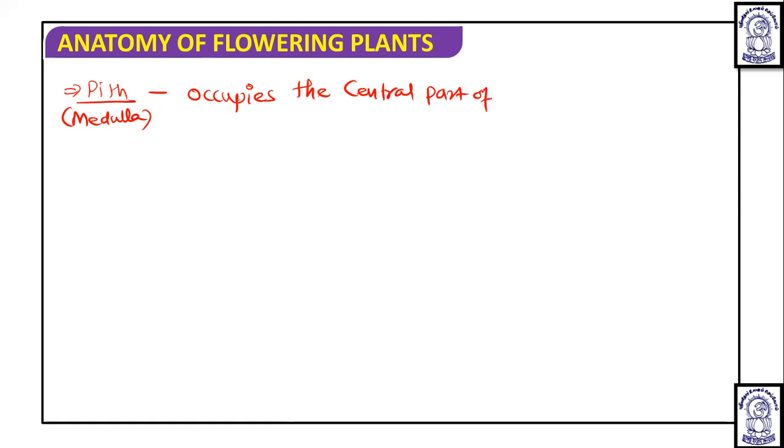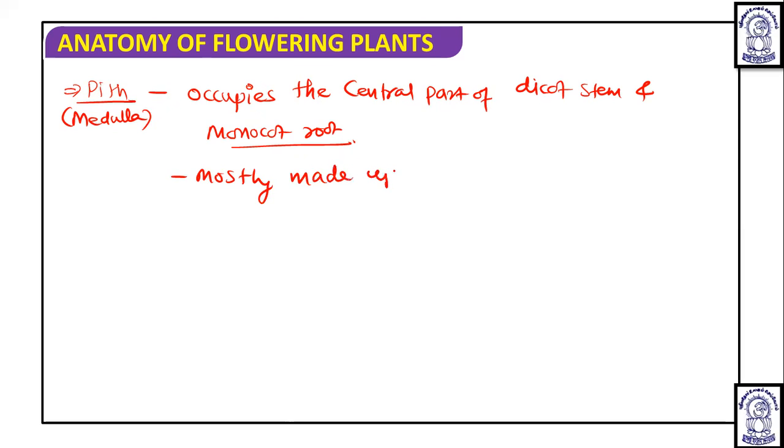And inner to the pericycle, the centermost region is known as pith. This pith, also known as medulla, occupies the central part of dicot stem and monocot root, and it is mostly made up of parenchyma cells.